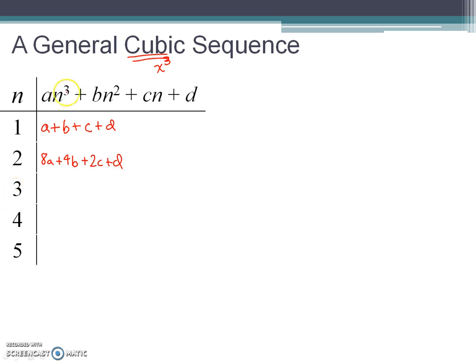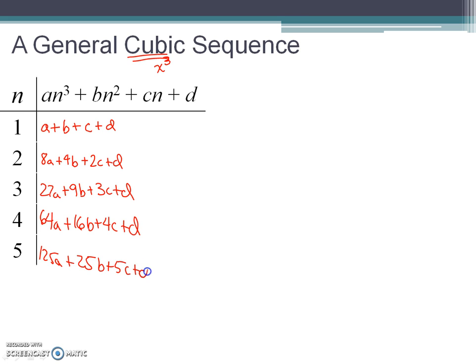We've got 3 for n now. 3 cubed is 27a plus 9b plus 3c plus d. Now we've got 64a, 16b, 4c, and d. And now 125a plus 25b, 5c, and d.